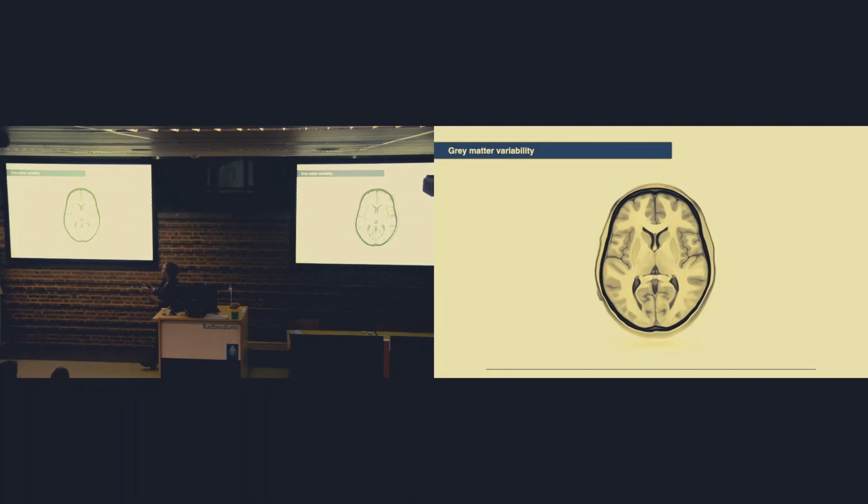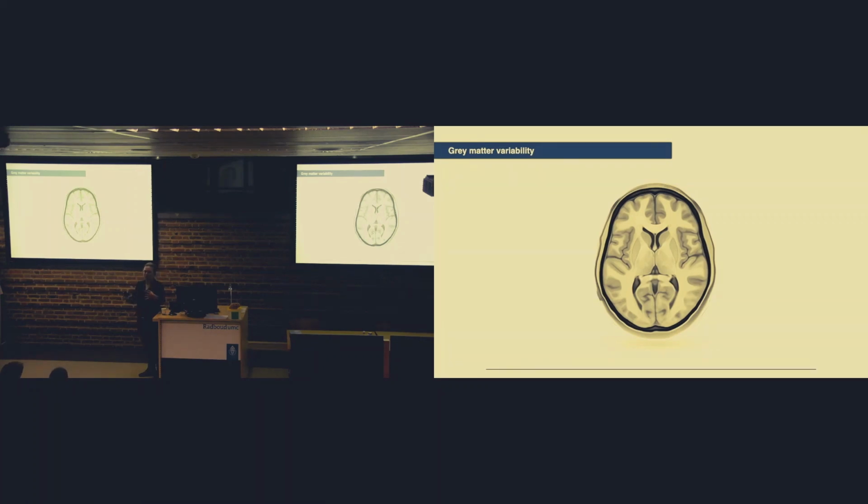So in neuroimaging, we often use template brains or brains in a standard space, and they look very pretty like this one. And areas that are alike between us are very crisp in those templates. So if we look at the basal ganglia, for example, they're super nicely defined.